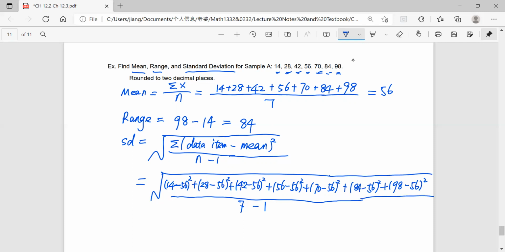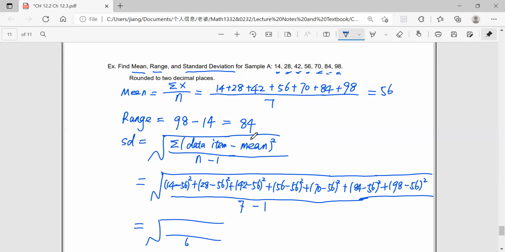We made them in one line, so we can use the calculator to compute this. The bottom must be 6, and for the top we should use a calculator.